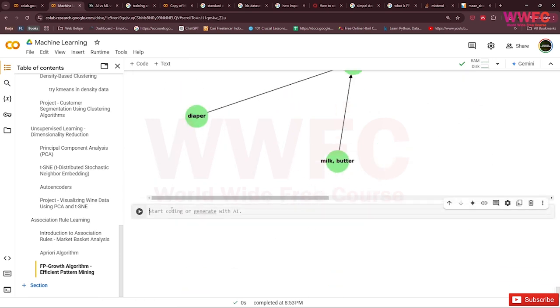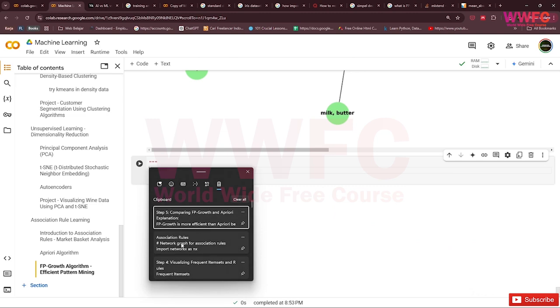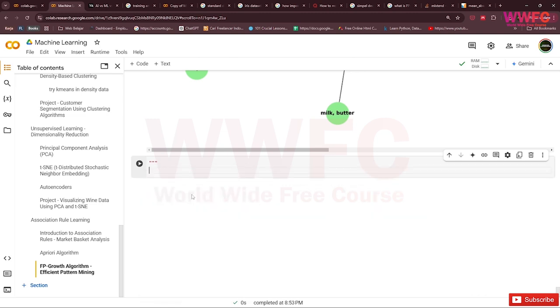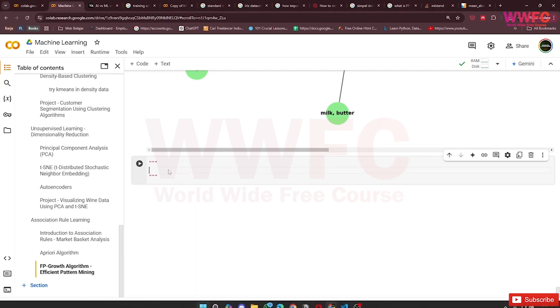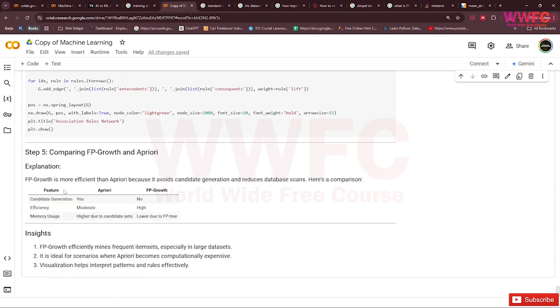And then we want to make the comparison. So we compare FPGrowth and Apriori. FPGrowth is more efficient than Apriori because it avoids candidate generation and reduces database scans.